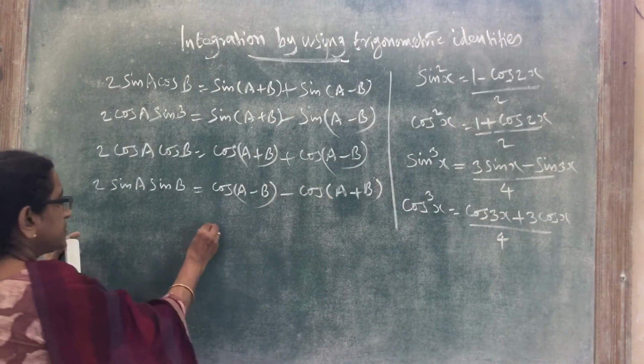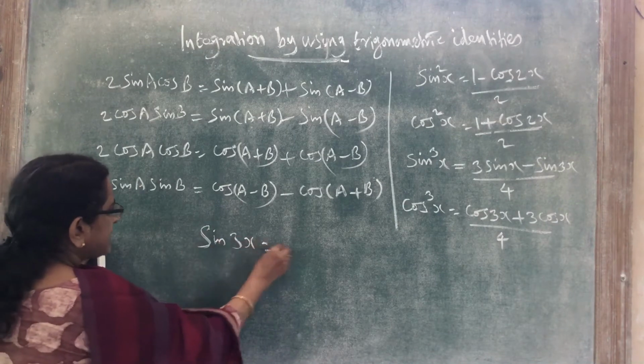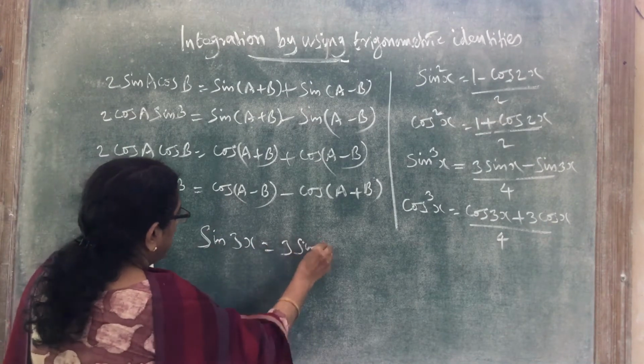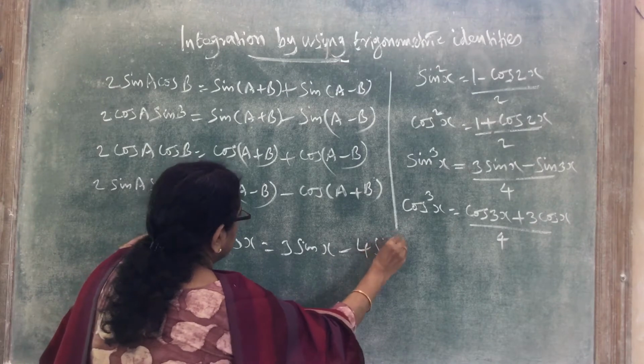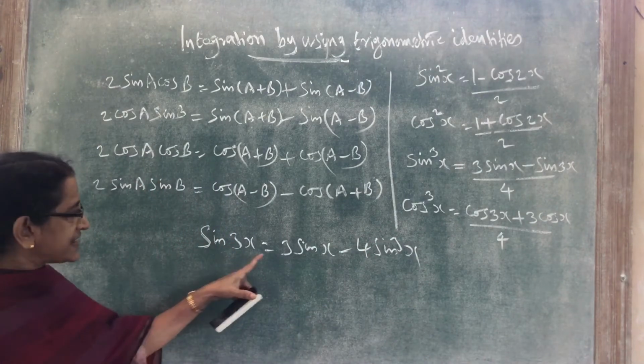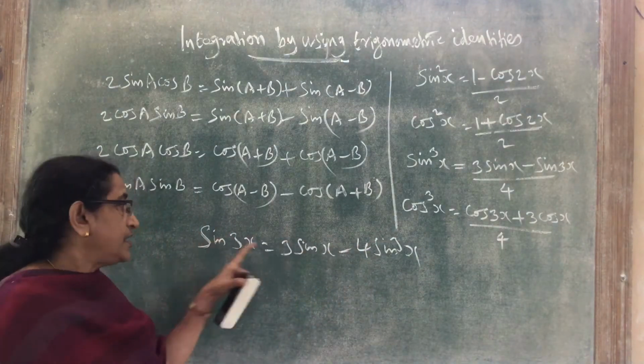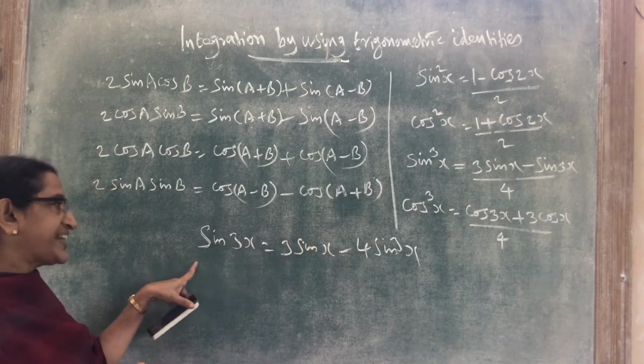What is sin 3x? Sin 3x equal to 3 sin x minus 4 sin cube x. So minus 4 sin cube x we take to the left side.